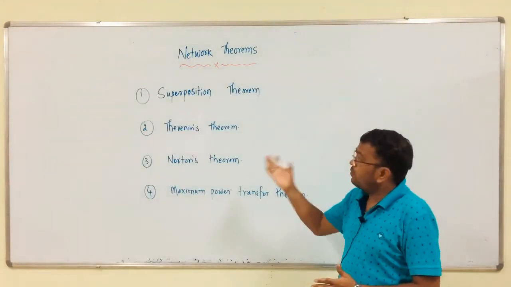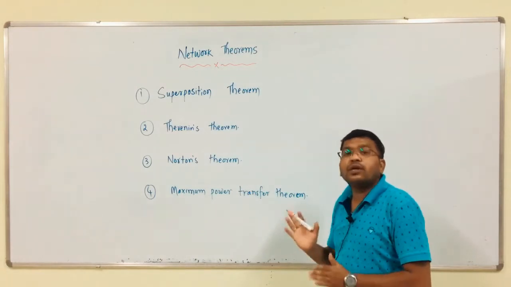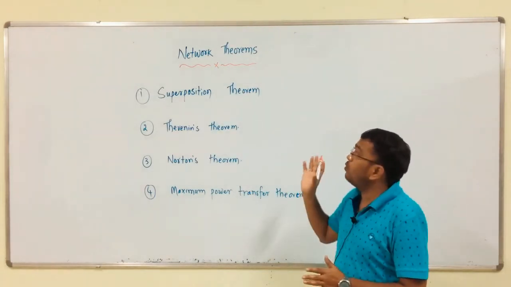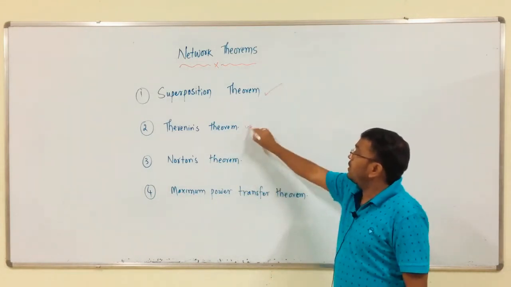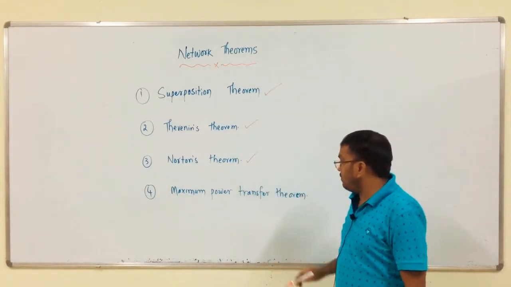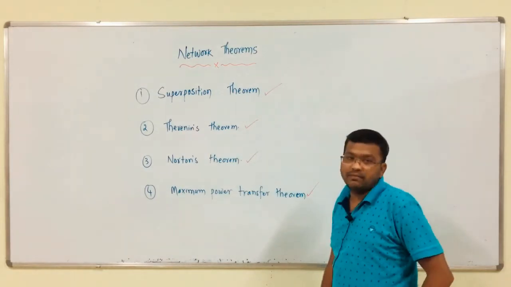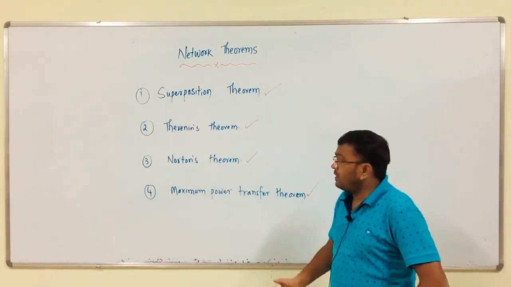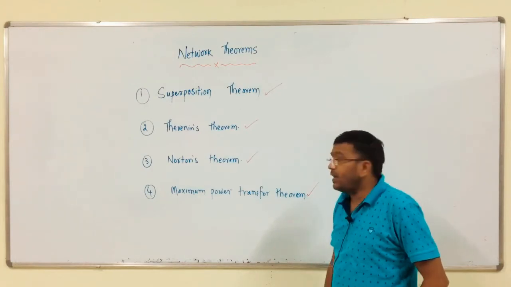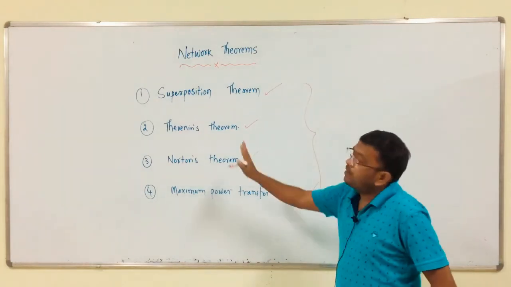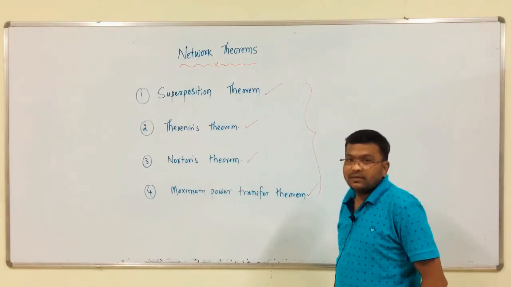Basically, we have 4 theorems in your course. In the course Basic Electrical Engineering, we have superposition theorem, Thevenin's theorem, Norton's theorem and maximum power transfer theorem. There are other remaining theorems, except these 4, but in your syllabus you have only these 4 theorems. Okay.